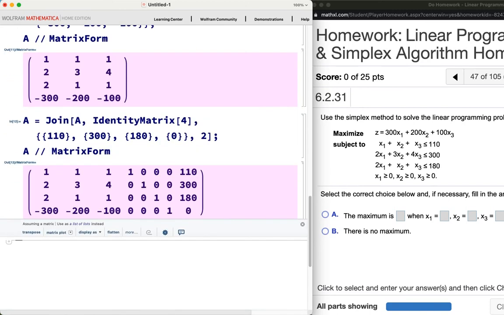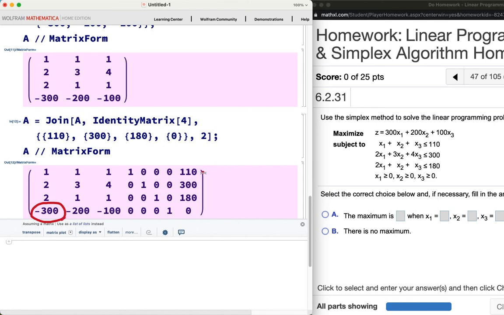Now, where should we start to pivot? Well, the pivot column usually is the column that has the most negative number in the bottom row. So therefore, this is going to be our pivot column. Okay, what's the pivot row?